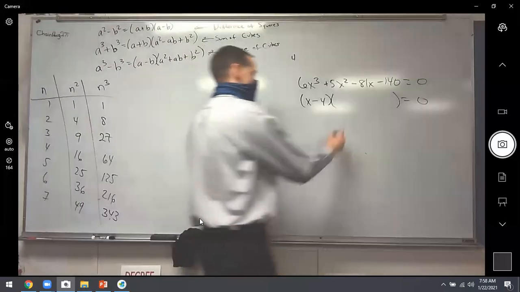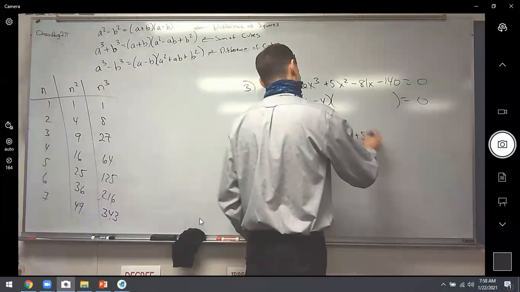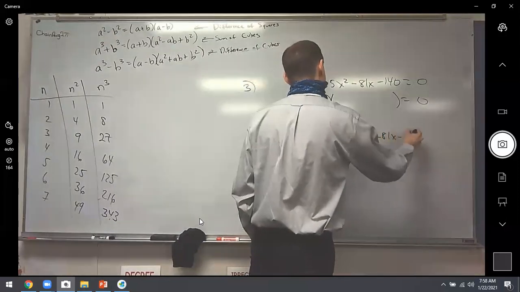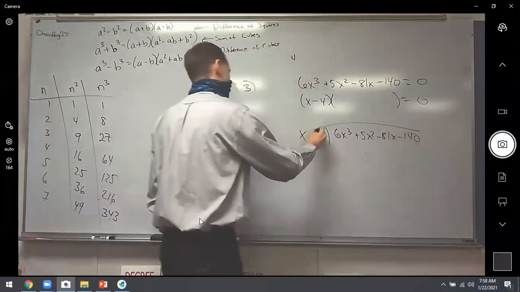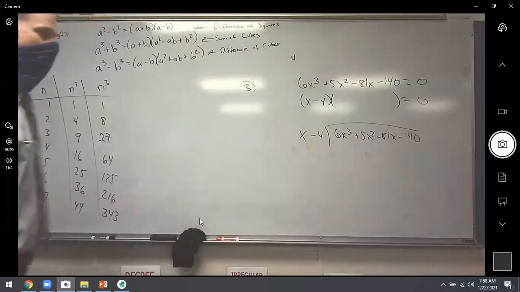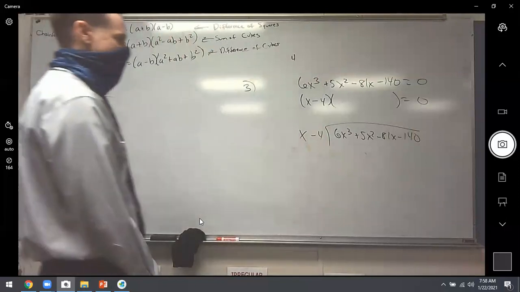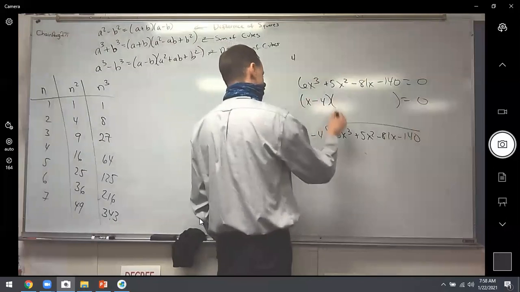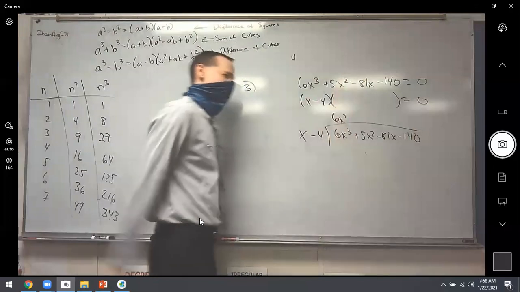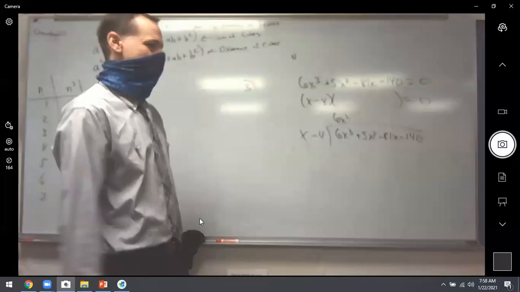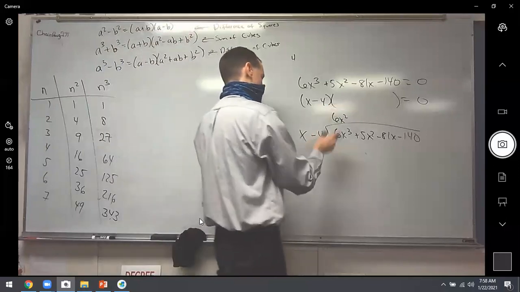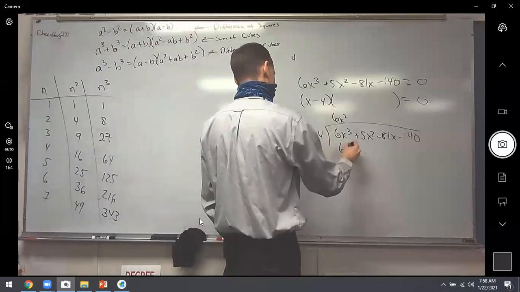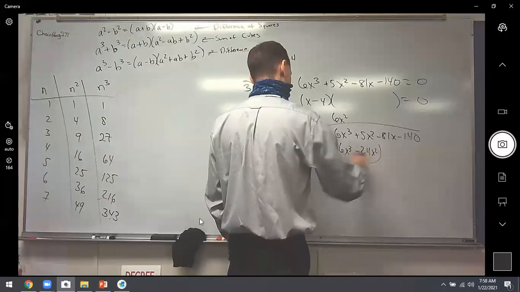So here we go. 6x cubed plus 5x squared minus 81x minus 140 divided by this x minus 4 known factor that goes into it. Let's see what we get. x times 6x squared would give me 6x cubed. So 6x squared times this divisor would be 6x cubed minus 24x squared.